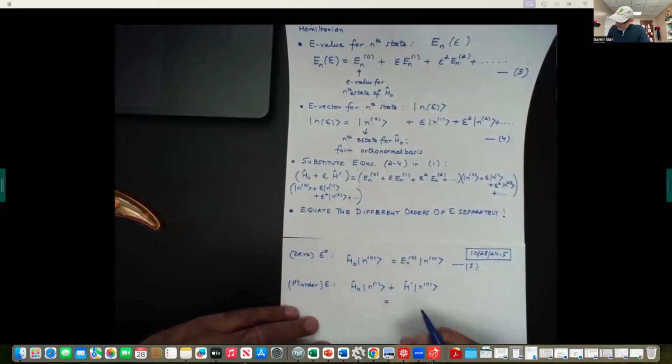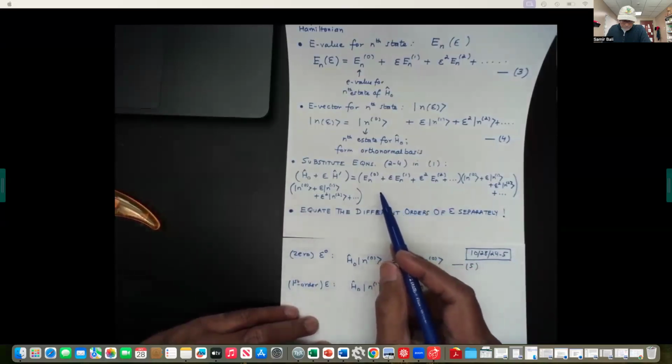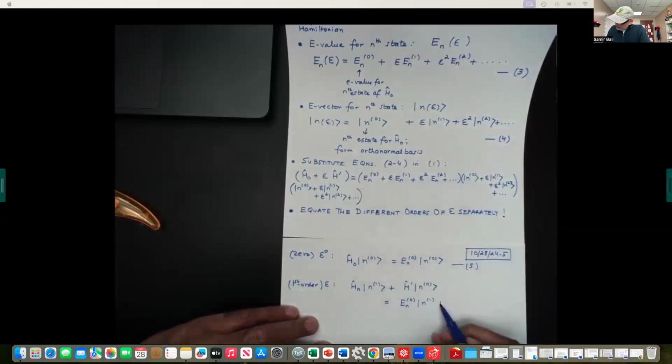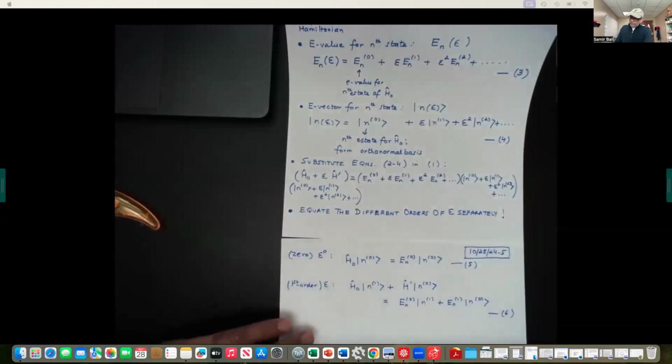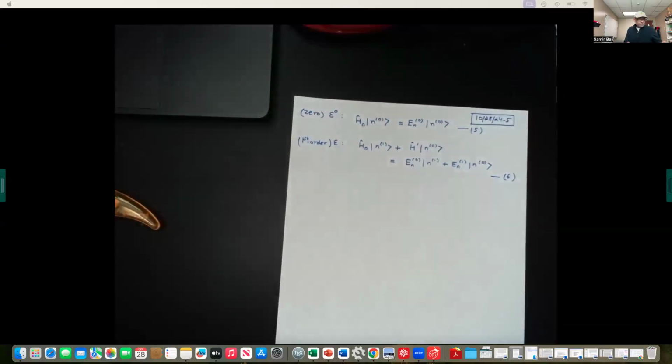And on the right-hand side, I have En naught going with the first order n1, and then I have epsilon En1, the first order correction to the energy, going with n naught. So this is equation 6.